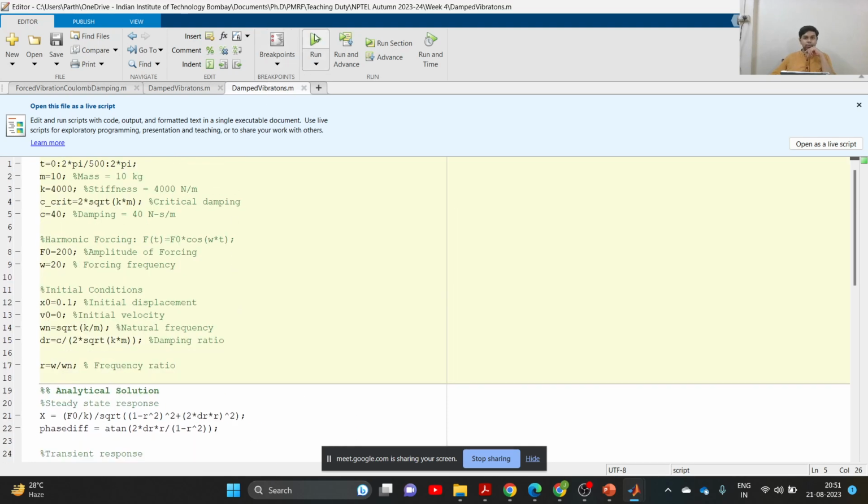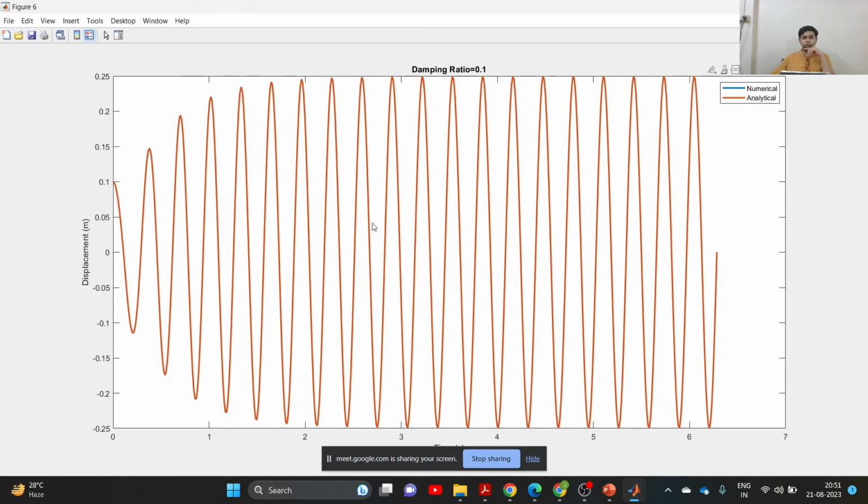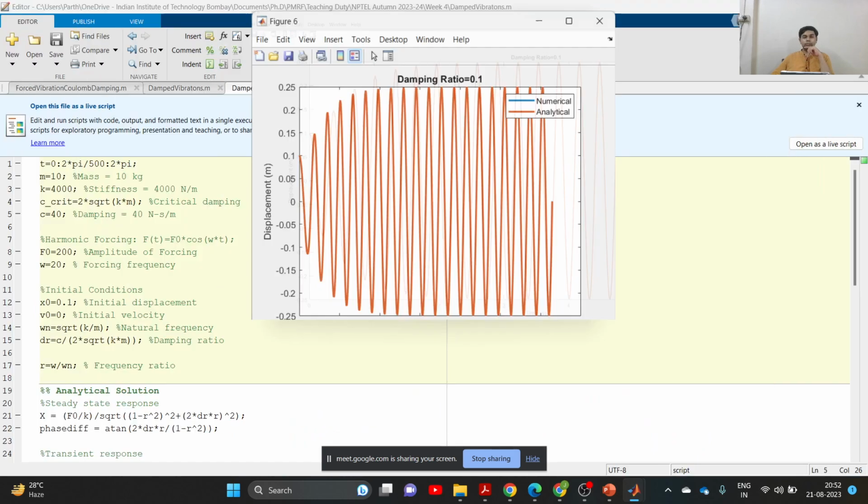If we run this script, we are setting the damping value as 40 Newton second per meter over here. For a damping ratio of 0.1, we get the displacement for forced vibrations. It initially increases and then settles down to a steady value after a few seconds. This is an example of an underdamped system.